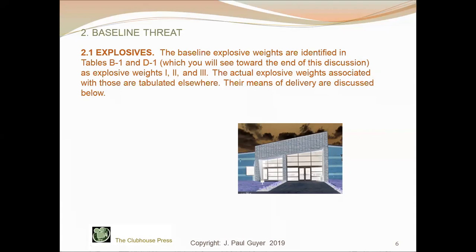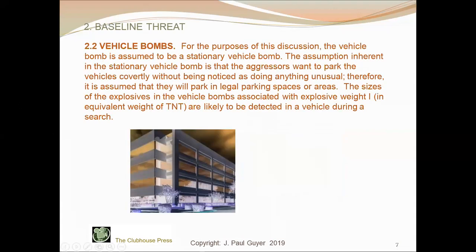Now, the method of delivering the explosive is, first of all, vehicle bombs. And they are assumed to be stationary vehicle bombs. These standards are based on a stationary vehicle bomb. Somebody drives up, parks a car or a truck in front of a building, and then runs away.